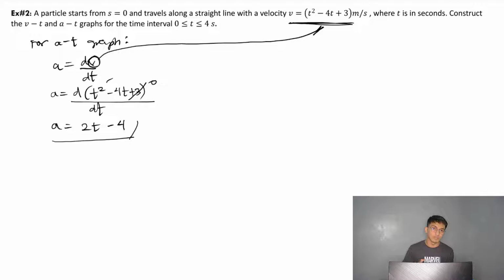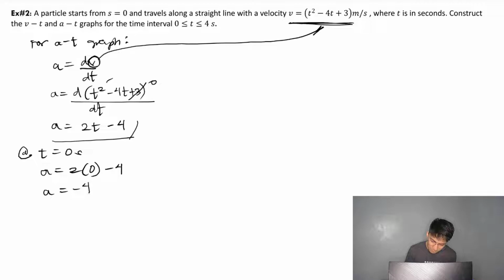Dahil alam na natin yung equation, at hindi naman tayo nakakuha ng exact value for acceleration, kailangan natin isolve with respect to time. So, when time is at 0 seconds, ano ba yung value ng acceleration natin? Acceleration is equal to 2 times 0 minus 4. So, acceleration, when the time is at 0 seconds, we have negative 4 meters per second square.